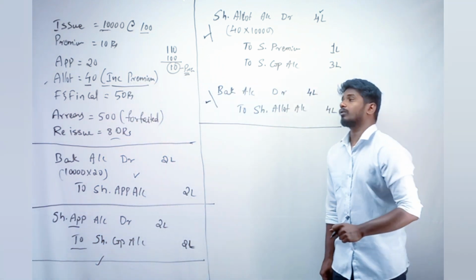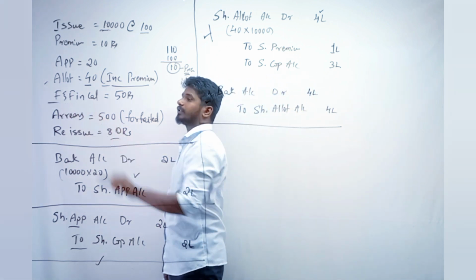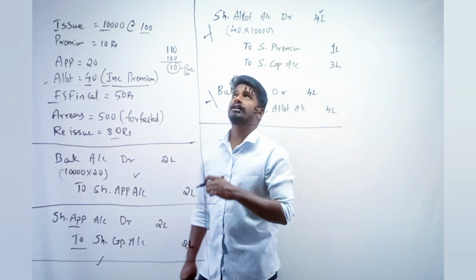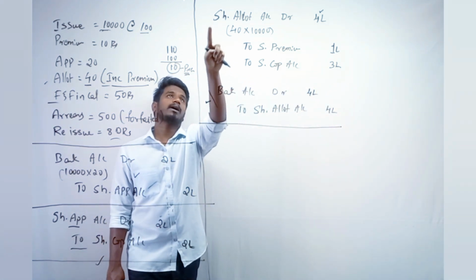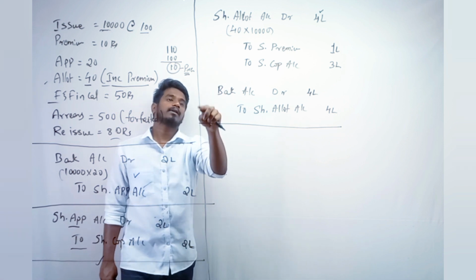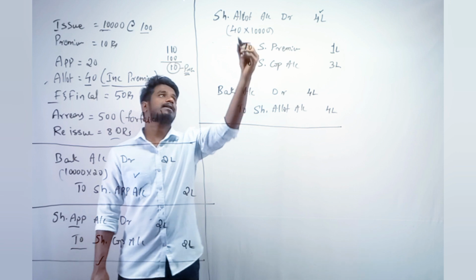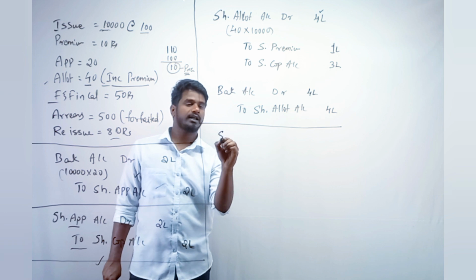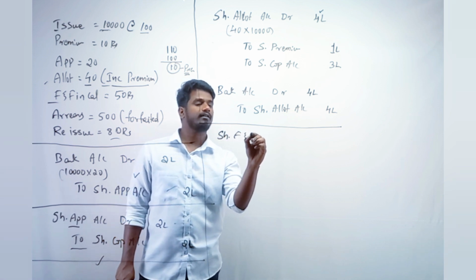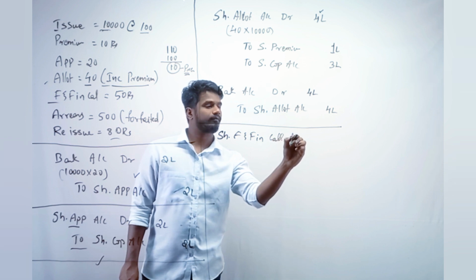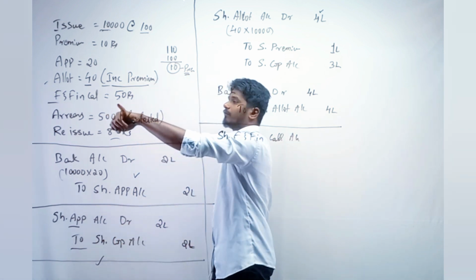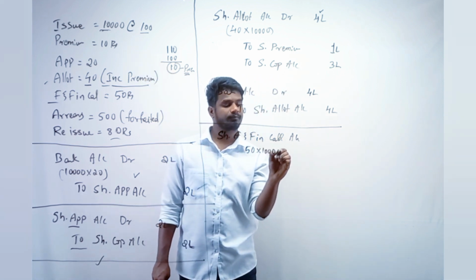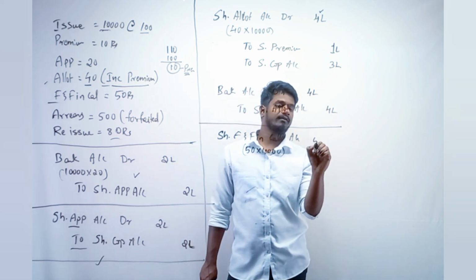So let us go for the third entry, which is the first and final call account. Correct. So for that, write the same entries without premium, just change the name. Here it was share allotment account debit. Here we will write share first and final call account. How much? So 50 rupees on first and final call into 10,000. 50 into 10,000. How much will it be? It will be 5 lakh.